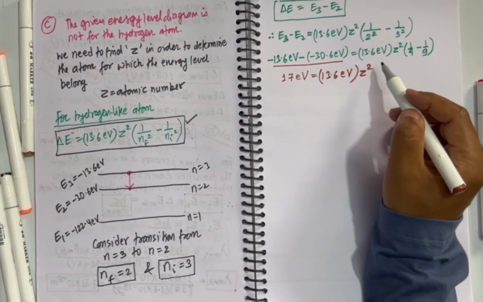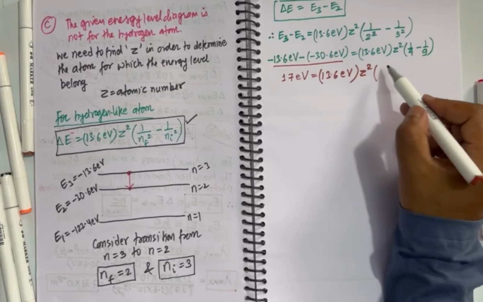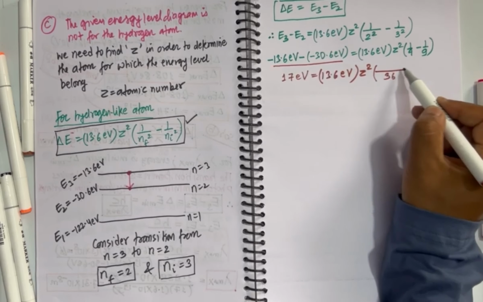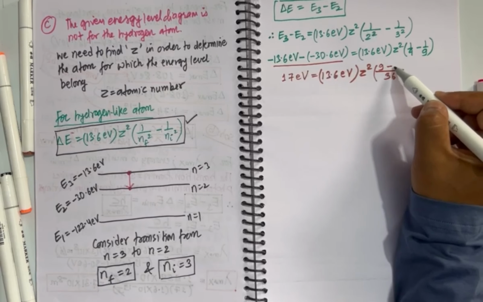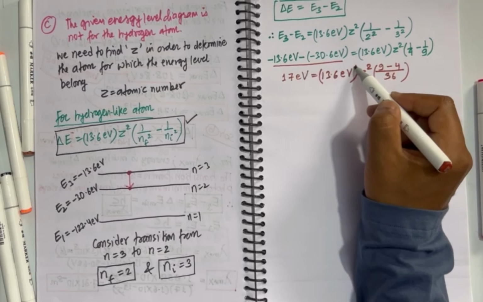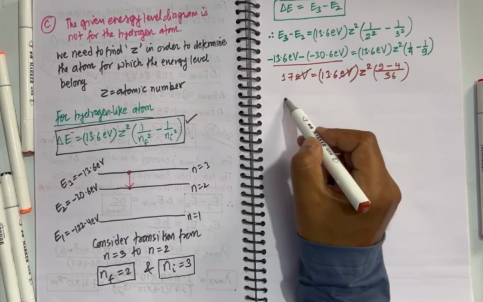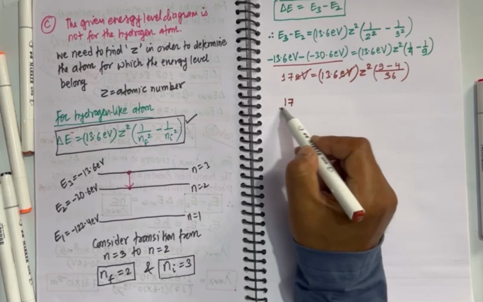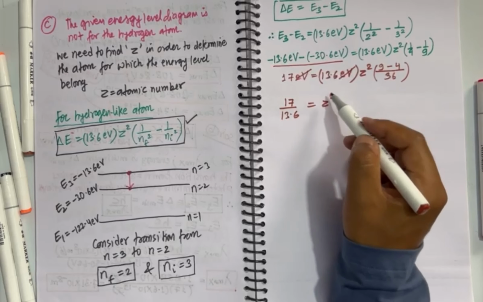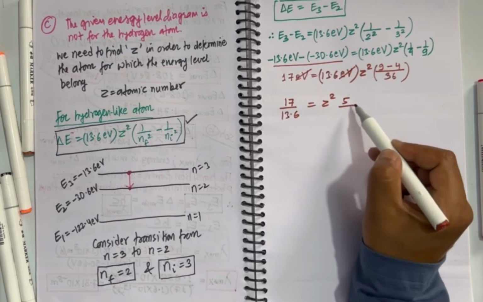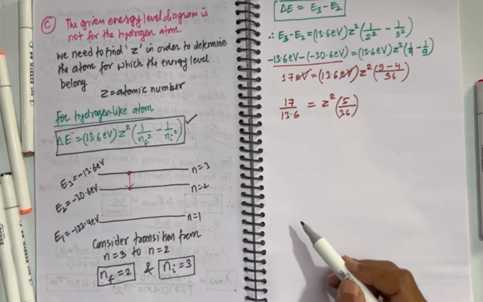Now let us simplify the term inside the bracket. Electron volt on both sides cancels out. So on simplification we can write 17 divided by 13.6 equals Z square times 5 divided by 36.